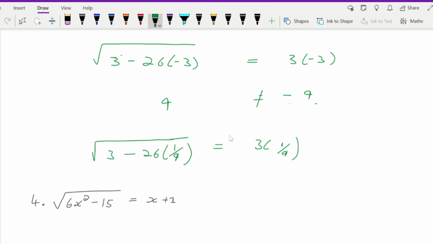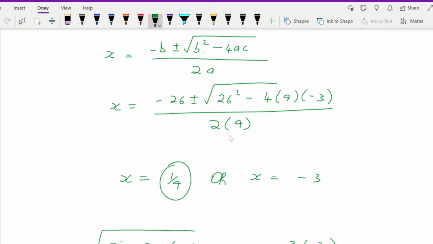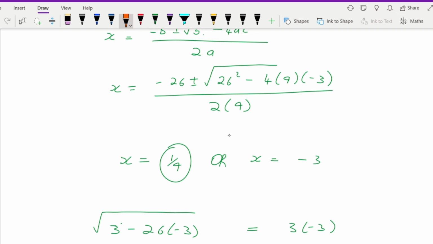For the left hand side, we have 9 under the root, which gives us 1 over 3. And for the other side, we have also 1 over 3. So this one is correct. This one is not correct.